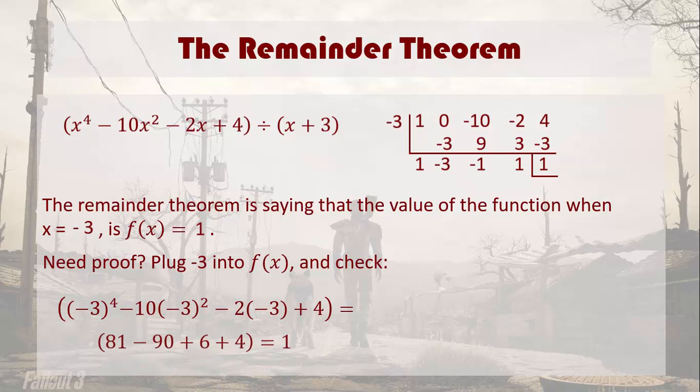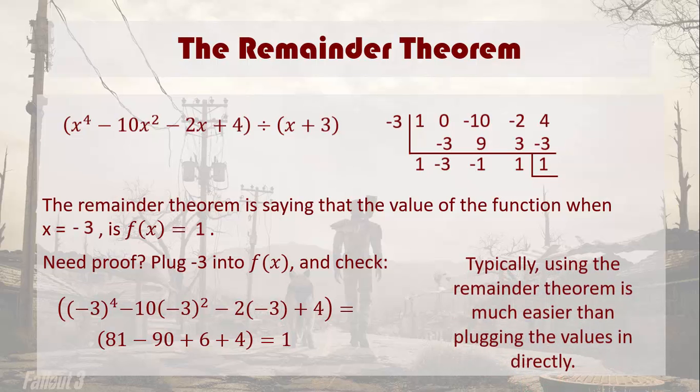It's a lot easier for us to go through that synthetic division and find out what the remainder is that way. So here's the proof. You plug that -3 in, you do get 1. Typically using the remainder theorem is much easier than plugging the values in directly, especially if you have fractions.